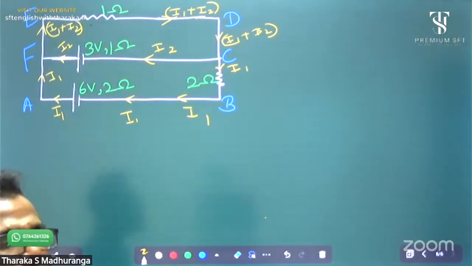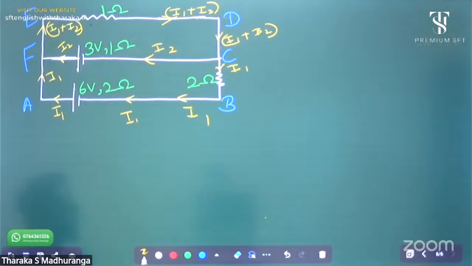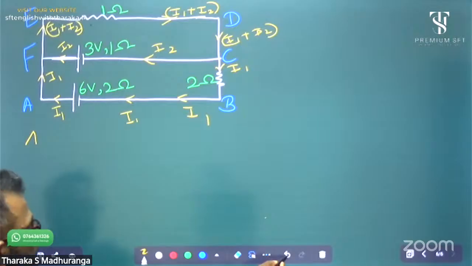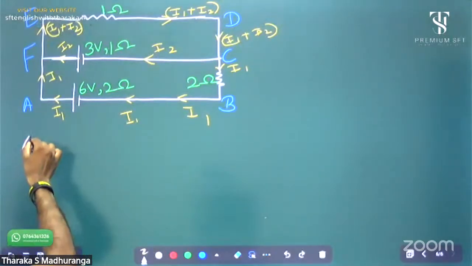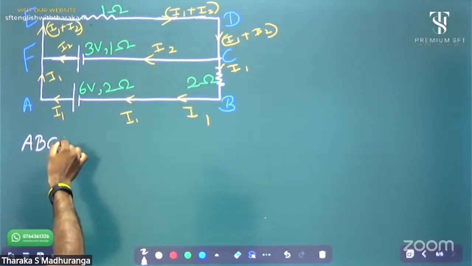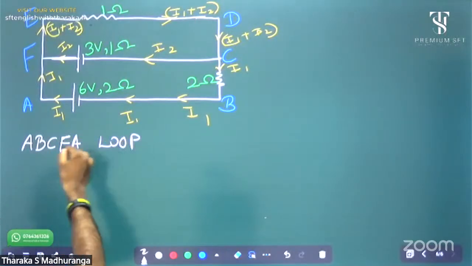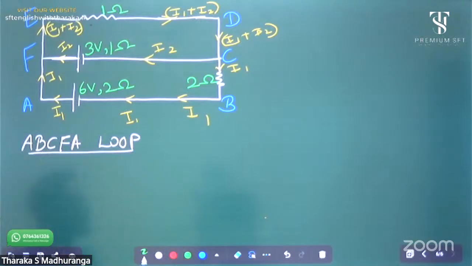A, B, C, F, A. Yeah, that's okay. I'm going to apply Kirchhoff's second law to the A, B, C, F, A loop.